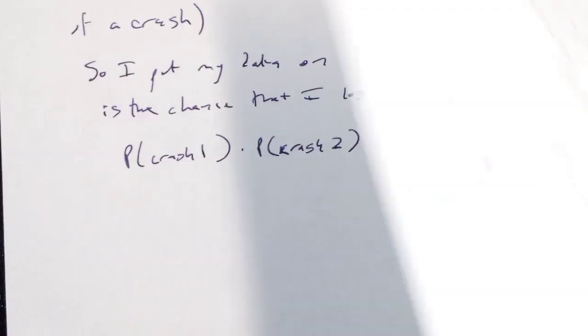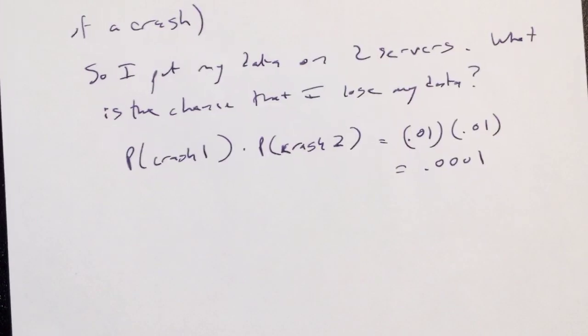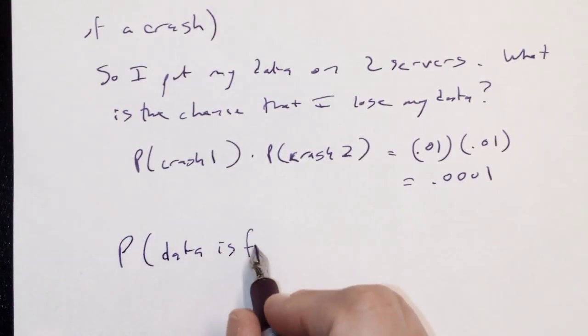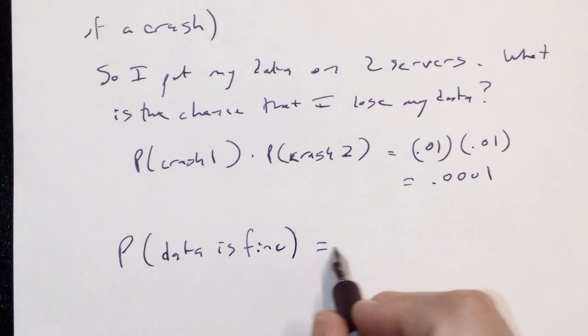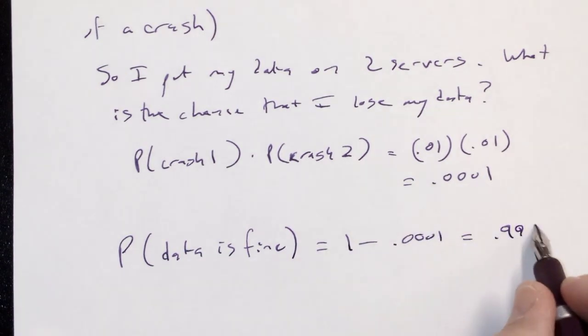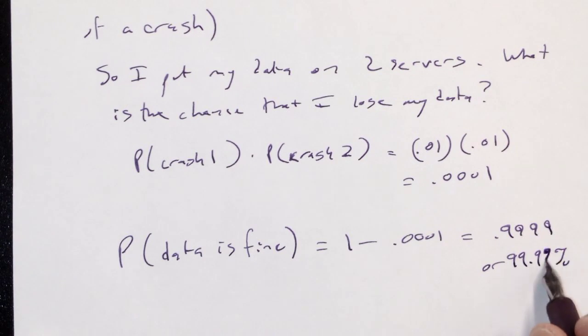Right. The chance of not crashed, that's a complement. That's 1 minus the chance of a crash. That's 99.99%.